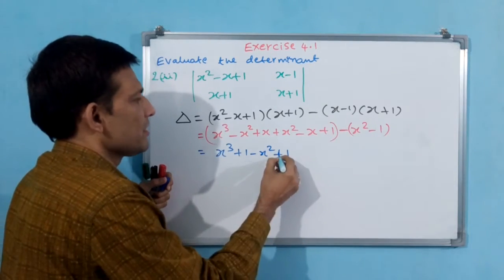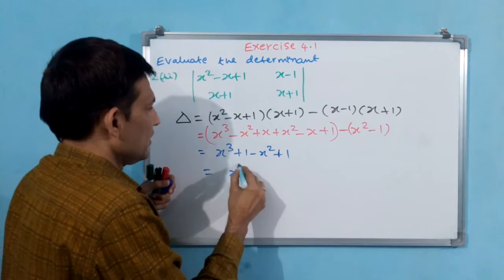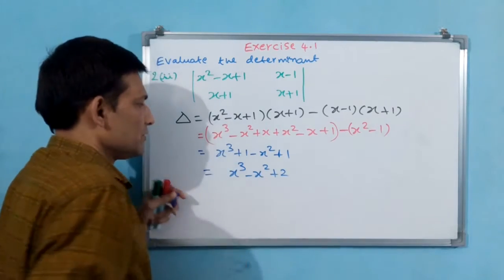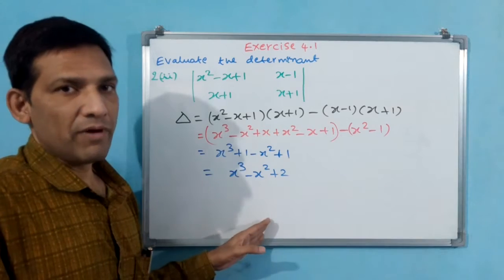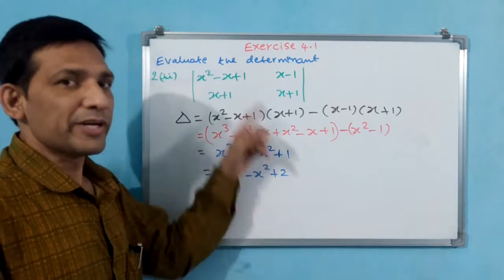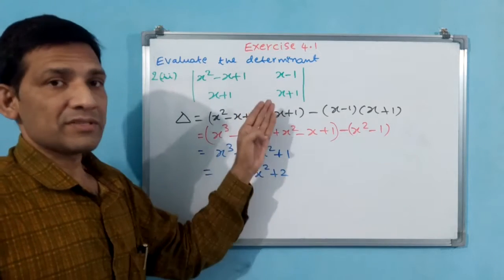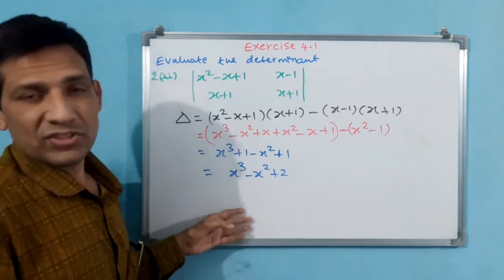Is it okay? That is equal to x cube minus x square plus 2. This will be your answer. See, the determinant has now come in expression form. Normally the determinant will come as a value, but if expressions are there, then expressions are going to come. Okay? This is the answer.